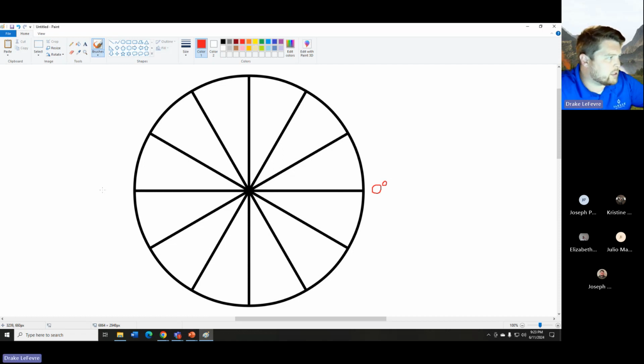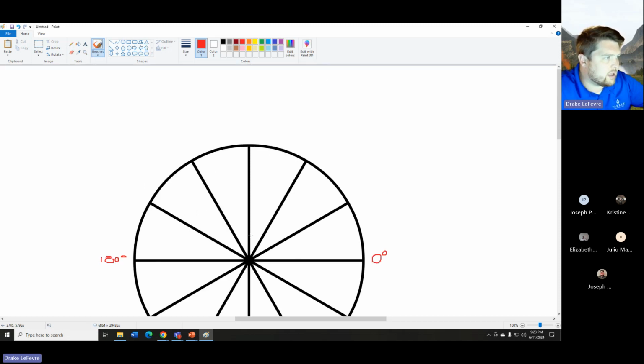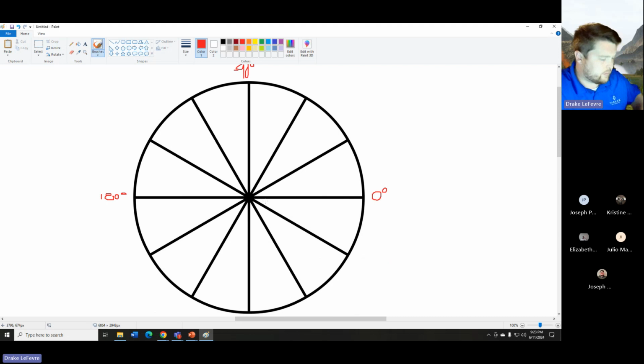All the way to the left we call 180 degrees. Down is 90 degrees. This is positive. And up is negative 90 degrees.